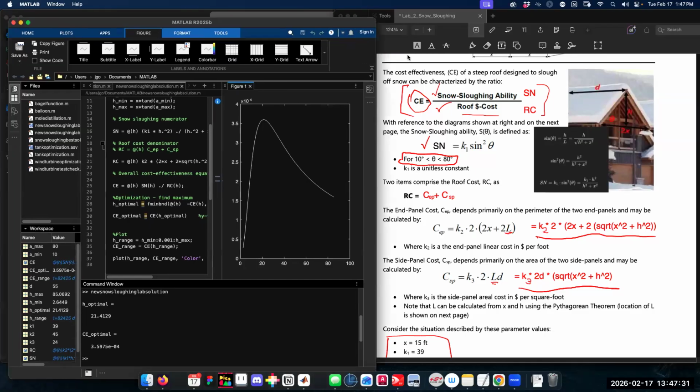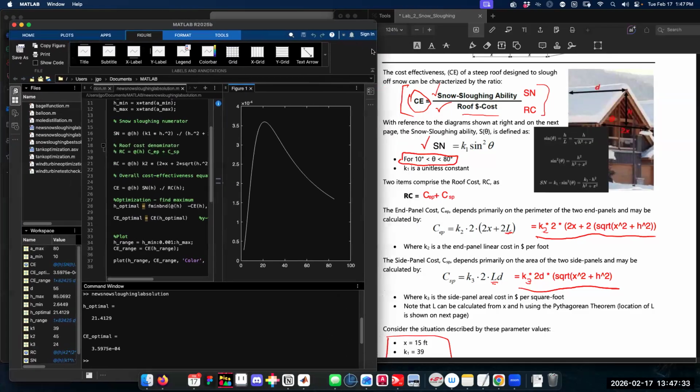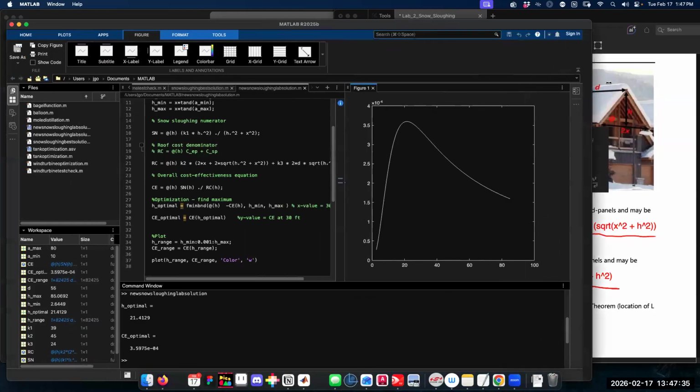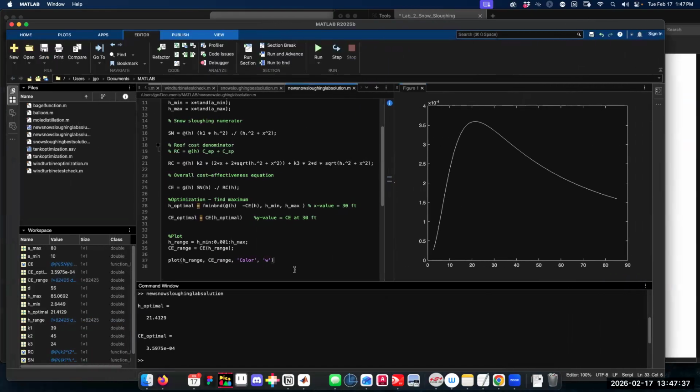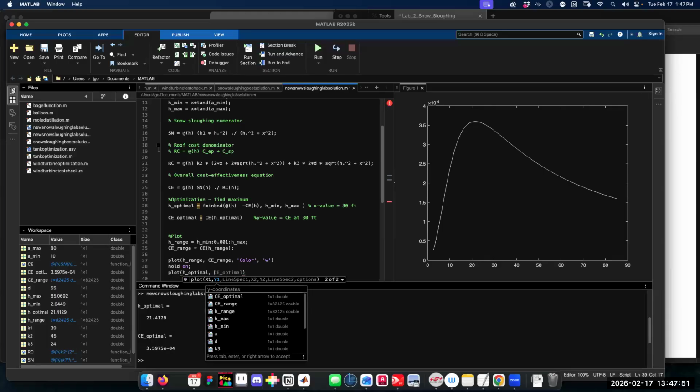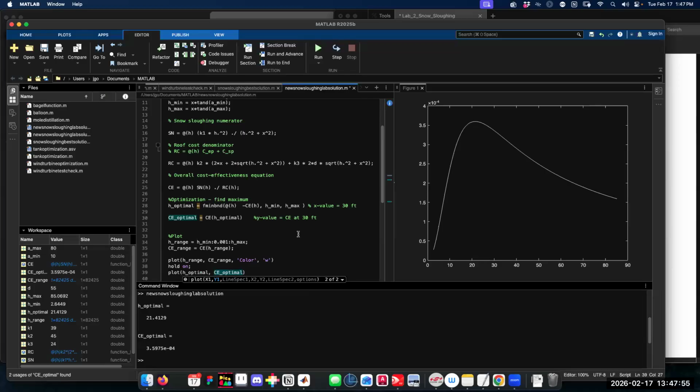I'll expand this out. How do you add a dot to the max? So we plotted the graph originally, and then we'll do hold on, and then plot the H optimal, and then the C optimal. And that's just one point.